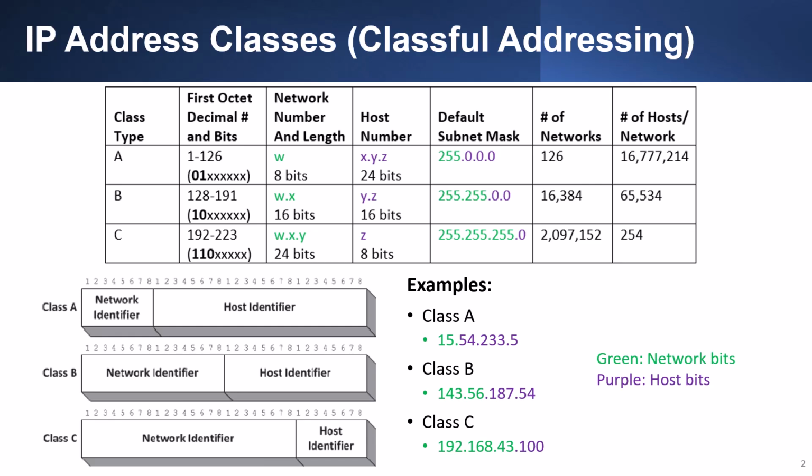All hosts within this network must begin with 143.56. Of course, Class C has the first 3 octets locked in for the network portion. Therefore, in the Class C example, with the subnet mask of 255.255.255.0, the network part is 192.168.43.